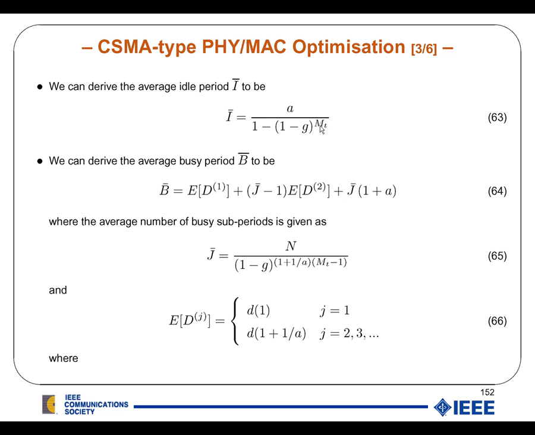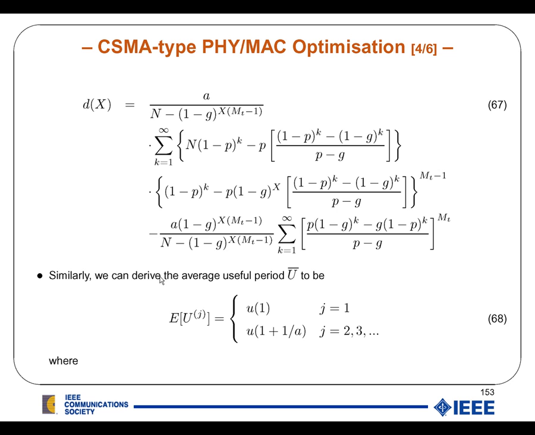And therefore that is a summation, an infinite summation over these terms here, and a simple mathematical rearrangement gives us a neat ratio given by equation 63. We can equivalently derive a busy period B and also the other quantities which are given here, the average useful period U, and you're welcome to look into details going to Kleinrock's paper and to our further derivations of these quantities.